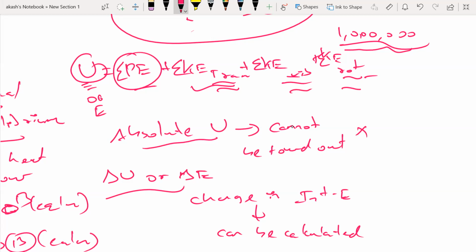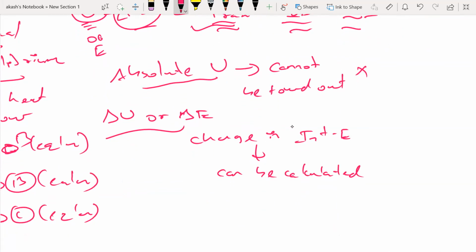Good. So all that we can find is delta U or delta E, right? The next question that comes to our mind is, how will we be able to increase or decrease the internal energy? What can cause a change in internal energy? There are two possibilities.